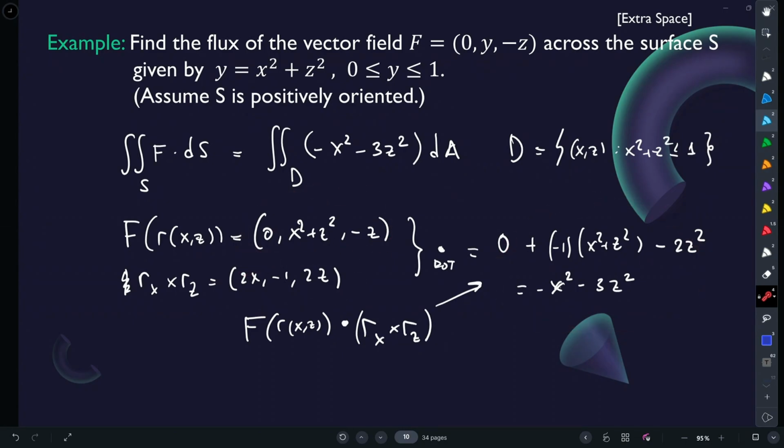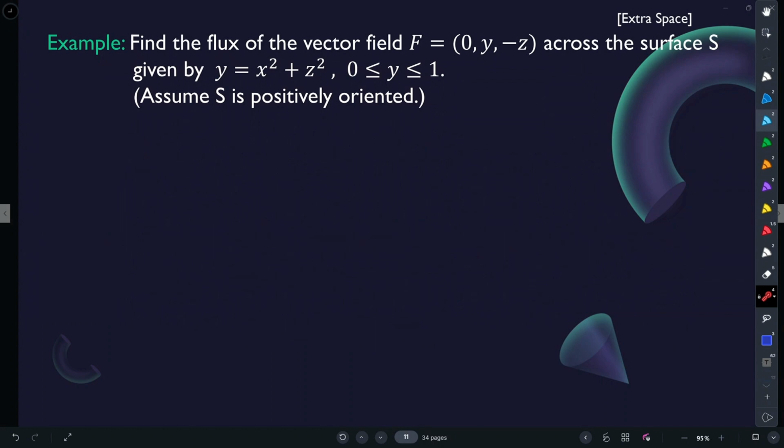Okay, so do I have another slide here? Yes, so let me do the integral over D of minus x squared minus 3z squared dArea. I'm going to try to be as clever as possible by doing the following.